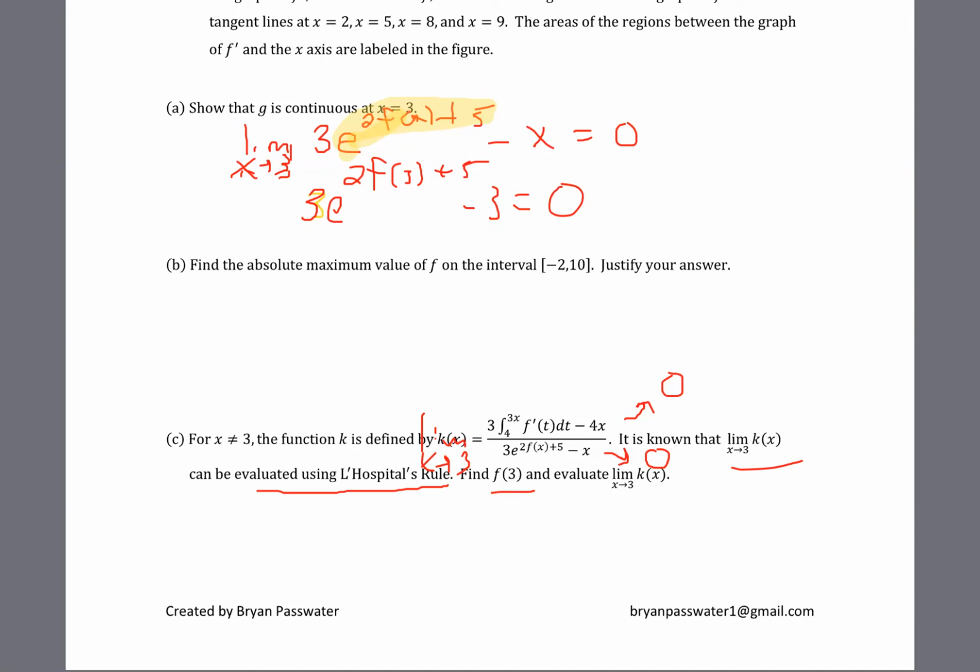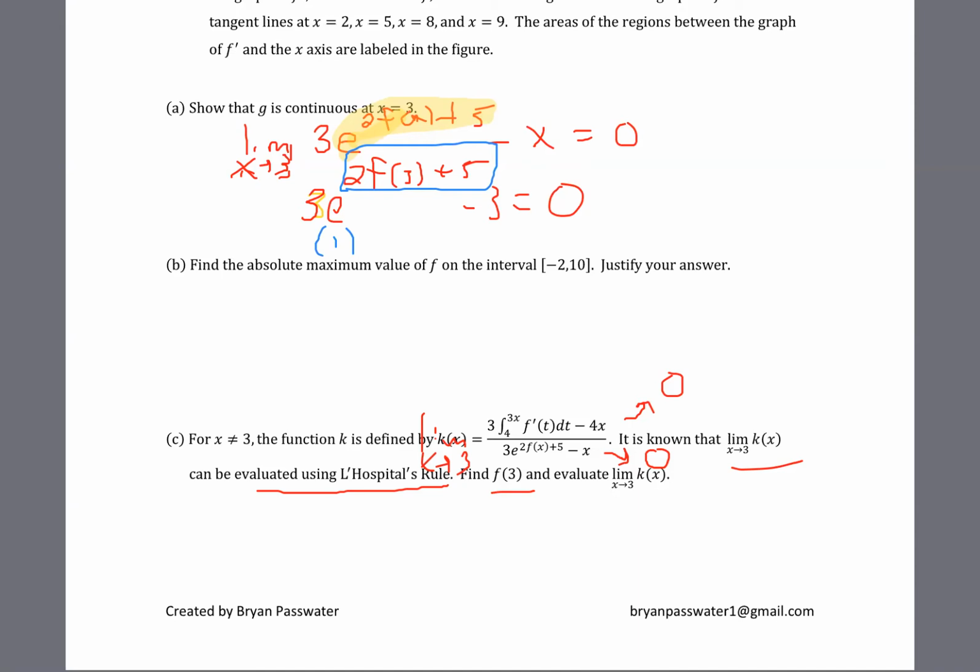So then that tells me that this part up here has to be 0, because this whole thing, e to that whole power, has to equal 1, because 3 times 1 minus 3 is 0.